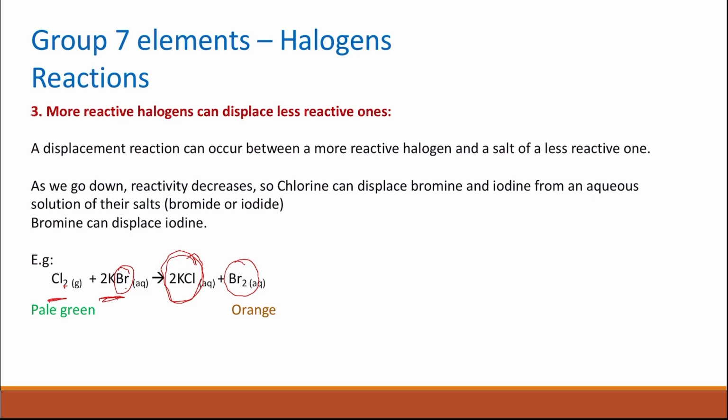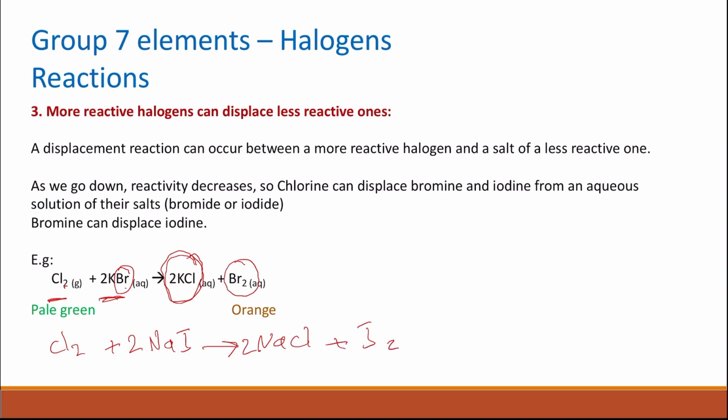You can do the same as long as the halogen that you start the reaction with is the more reactive one. So chlorine can do the same with, let's say, sodium iodide, for example. So if you react chlorine with sodium iodide, you're still going to get sodium chloride plus iodine.